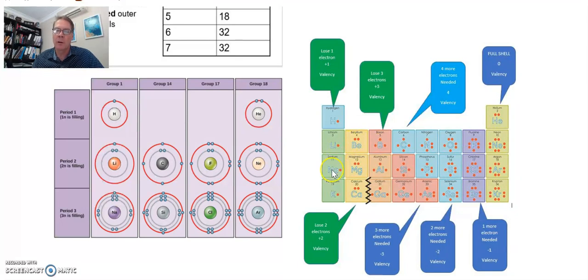So sodium will bond with chlorine, combining to form a ring of 8 around sodium. What sodium has done is given up its electron, and chlorine has taken it. Chlorine's happy. It now looks like argon because it's got 8. Sodium's lost 1.